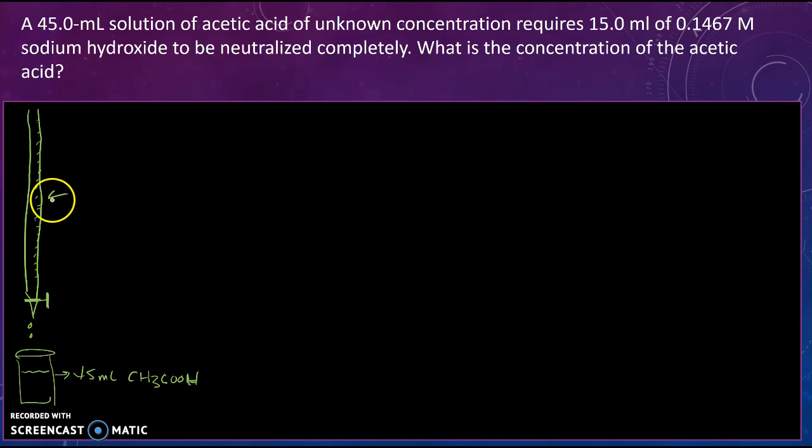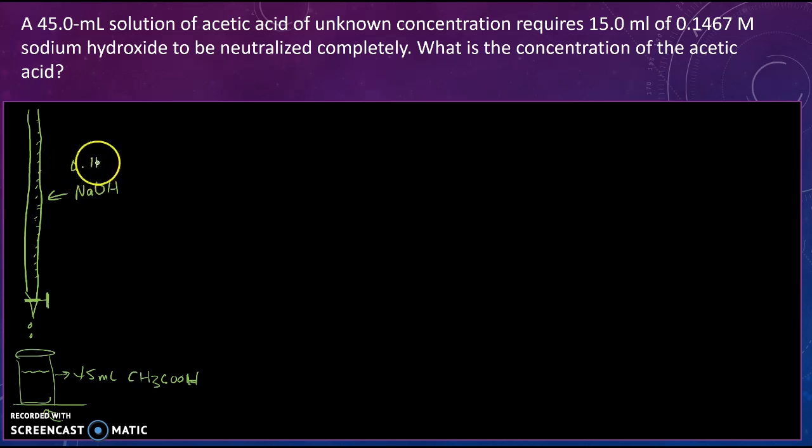And then here, we're going to have the sodium hydroxide solution. And the idea with titration is that we will use the stoichiometry of a neutralization reaction in order to determine an unknown concentration. So we want to know what the concentration of this liquid is right there. We know its volume. We know it's acetic acid. We don't know what the concentration of acetic acid is.